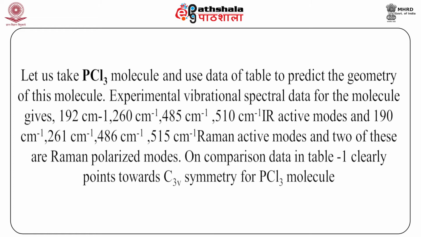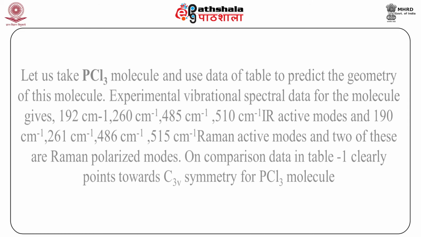Experimental vibrational spectral data for the molecule: IR active modes are 192, 260, 485, 510 centimeter inverse, and Raman active modes are 190, 261, 486, 515 centimeter inverse, and two of these are Raman polarized. On comparison, the data in the table clearly points towards C3v symmetry for the PCl3 molecule.